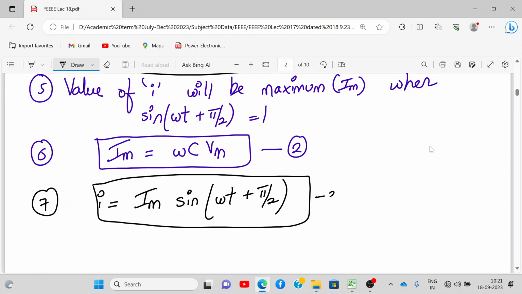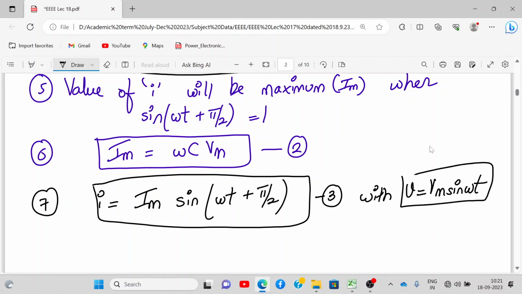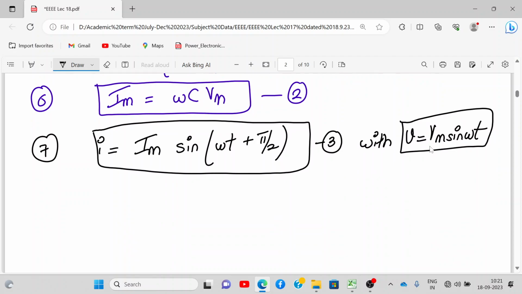Now if I compare this equation 3 with V is equal to Vm sine omega t, what can I say? Current is leading the voltage or voltage is leading the current? Current is plus 90. So current is leading the voltage.